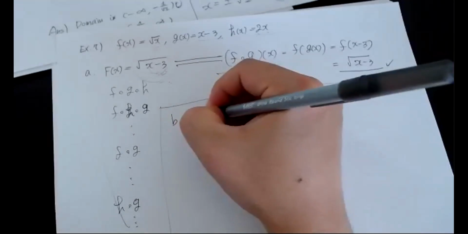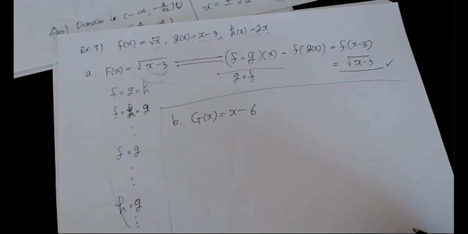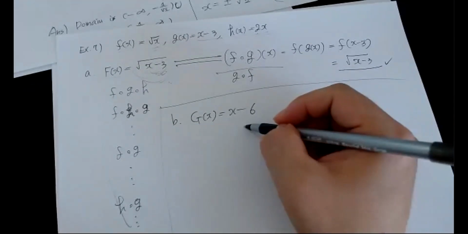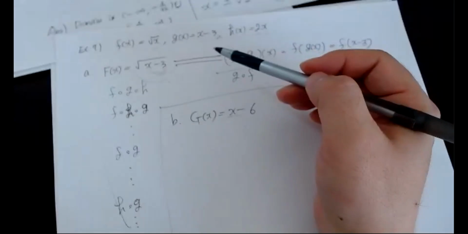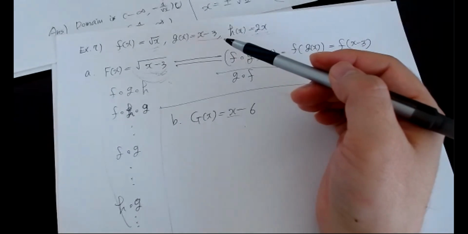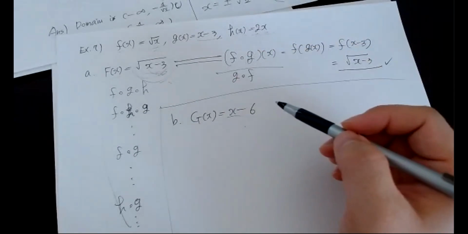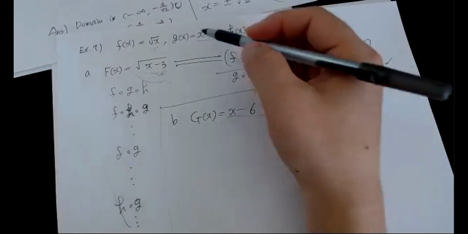For b, capital G of x is given as x minus 6, right? No square root is involved, and the coefficient of x is 1, not 2, so we drop f and h. But x minus 3 is not equal to x minus 6, definitely different. So how can you get x minus 6 from x minus 3?